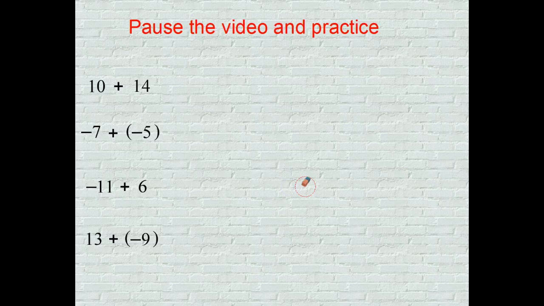Problem number 3. -11 added to 6. So we have a -11 absolute value added to a +6. Now, this looks a little different because I have a negative added to a positive.